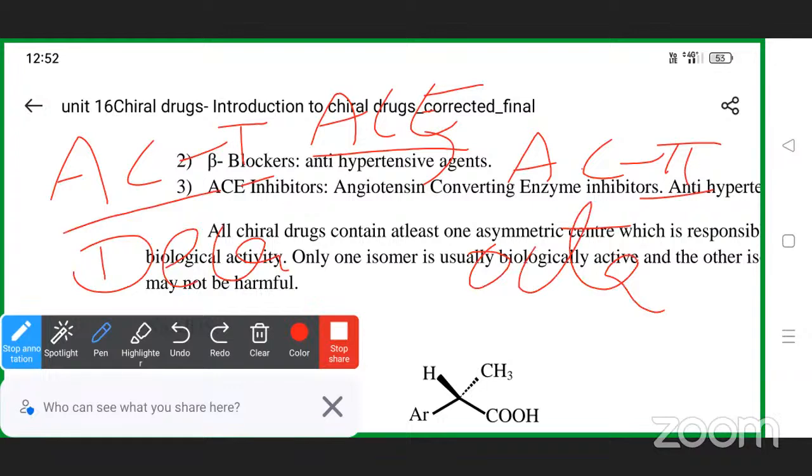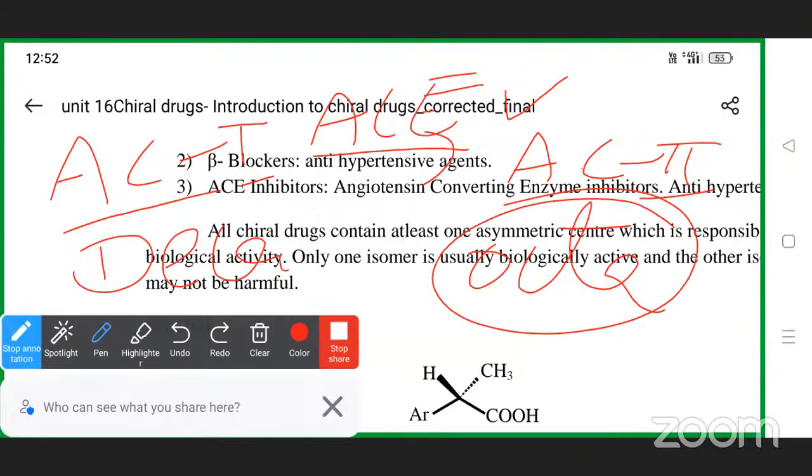Angiotensin 1 gets hydrolyzed in the presence of ACE, angiotensin converting enzyme, and it loses two peptide bonds, converting into angiotensin 2 as an octapeptide. So two peptide bonds are hydrolyzed and it is converted into angiotensin 2.